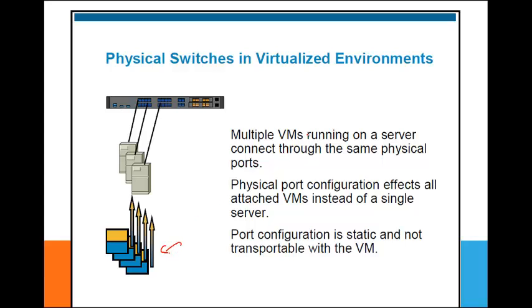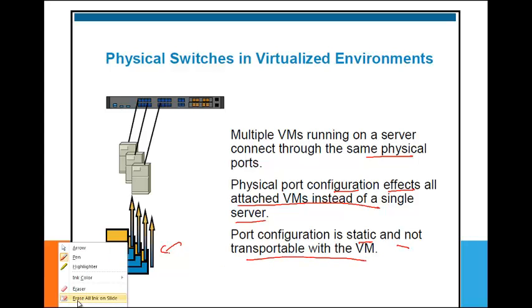So multiple VMs running on a server connect through the same physical port. Physical port configuration affects all the attached VMs instead of a single server. This is the challenge. And port configurations are static and not transportable with the VMs.